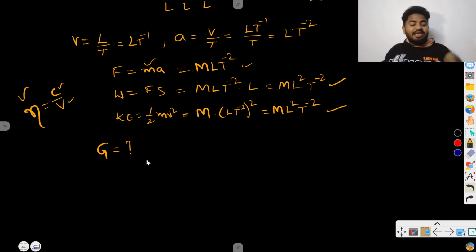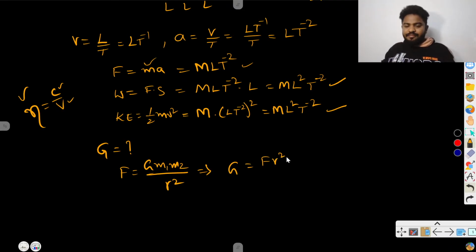At the same time, there are a few constant values which have a dimensional formula. Take gravitational force; it has dimensions. The formula for gravitational force is F = G m1 m2 / r^2. From this, G = F r^2 / (m1 m2).